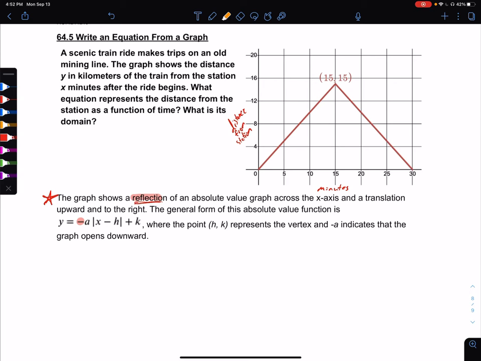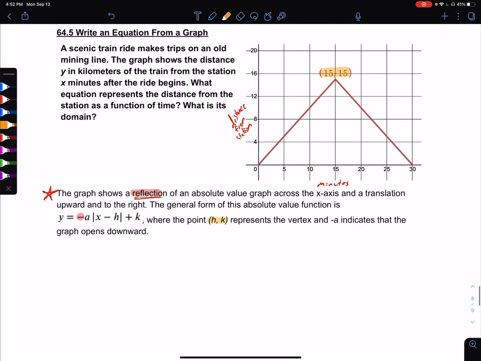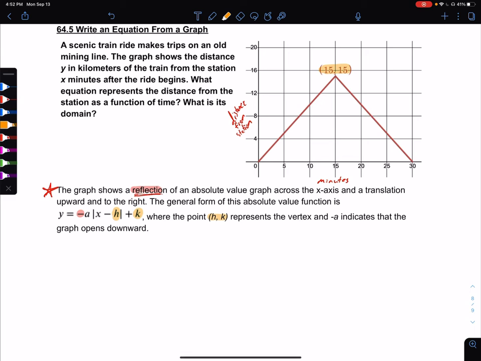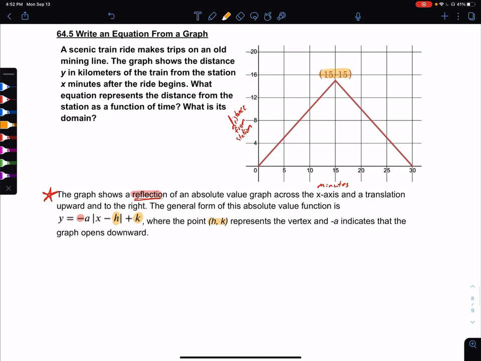And h and k represent the vertex. So our vertex here is 15, 15, and those are the h and k values. And negative a indicates that the graph opens downward. I mentioned that already, where we're stating that it's going to be that reflection that opens down.